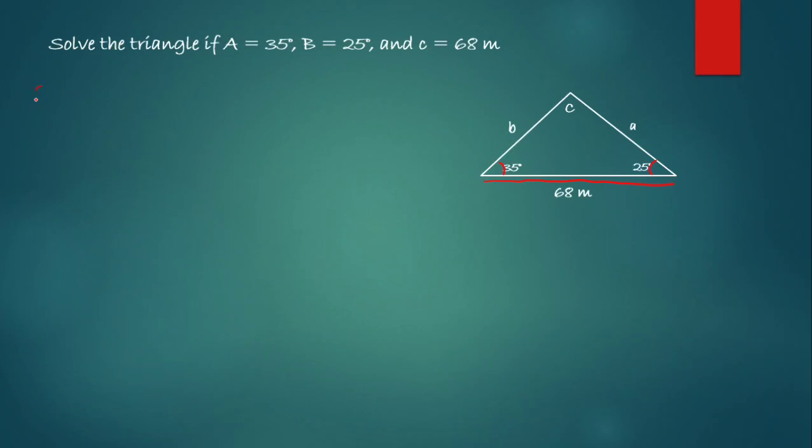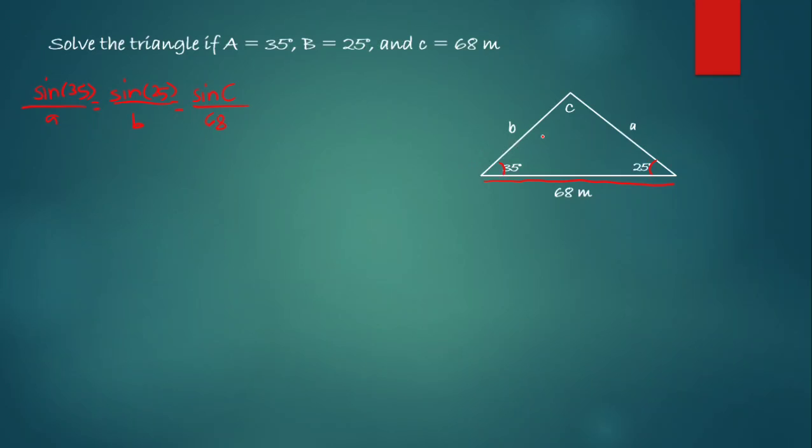We're going to write the formula. Sine angle A over side A equals sine angle B over side B, and sine angle C over side C. We're going to replace these with the given: sine 35, sine 25, and 68 meters.